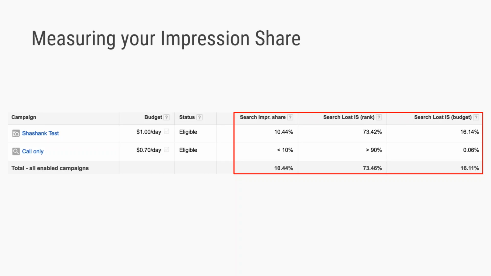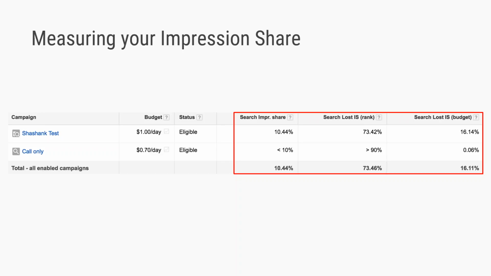Now the next question is, what happened to the remaining 80% opportunity that you had? Why did you lose out on those 80%? Did you have low bids or low budget? The impression share report in the account will give you this information. If you look at this example here, search loss due to rank in the red box is 73%.